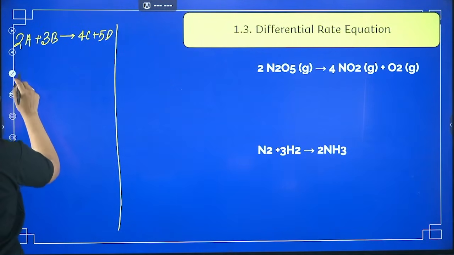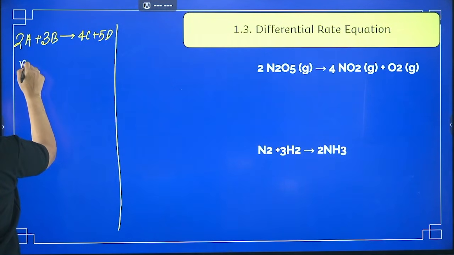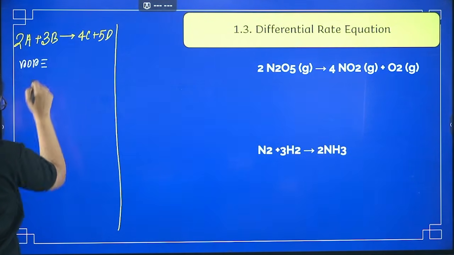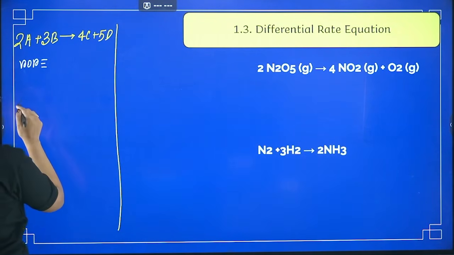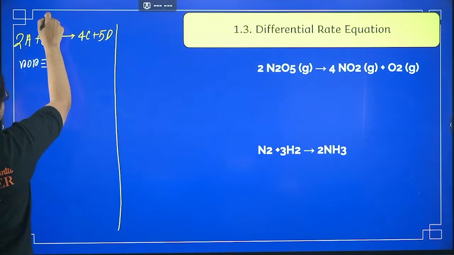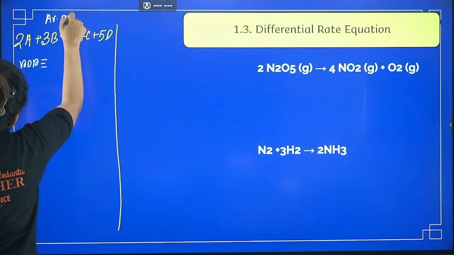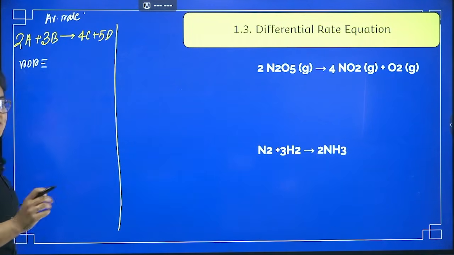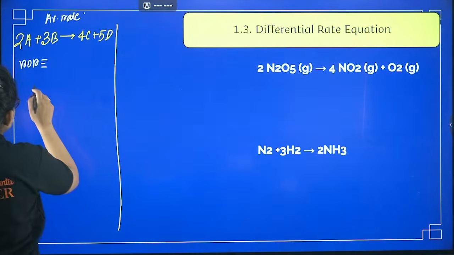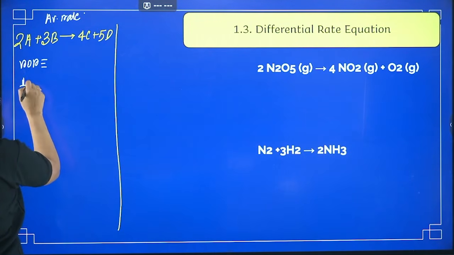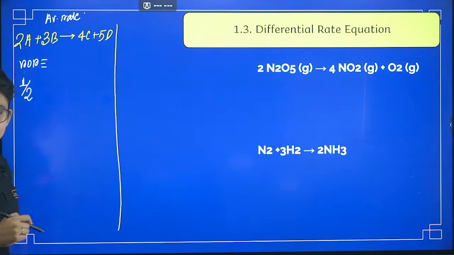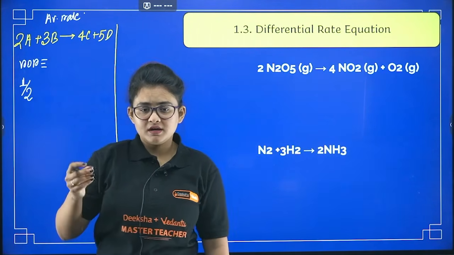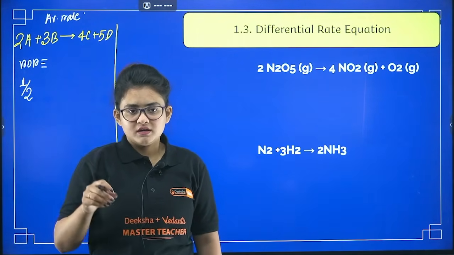You should represent the rate of reaction. ROR indicates rate of reaction. I am showing you the average rate. You should use the delta sign, right? Here you can see the stoichiometry that is coming, that should go to the denominator.